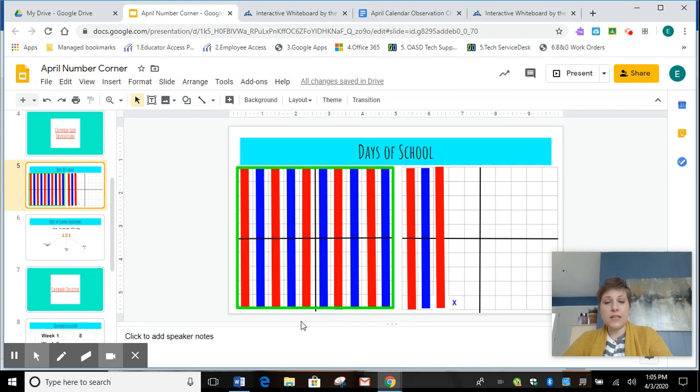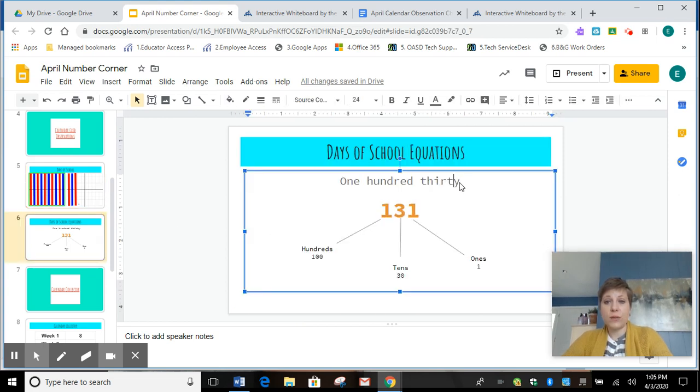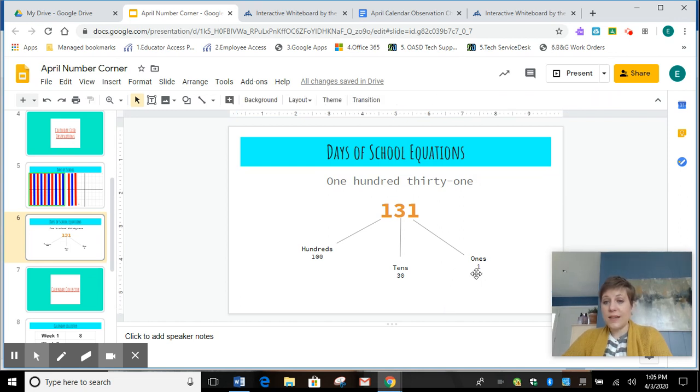Now, we're going to take a look at what that number means. Oop, I'm noticing I got to do one small change here. It's not the 130th day, it's 131. Our biggest change yesterday when we talked about 130 days of school, we saw 0 ones or 0 extra pieces.